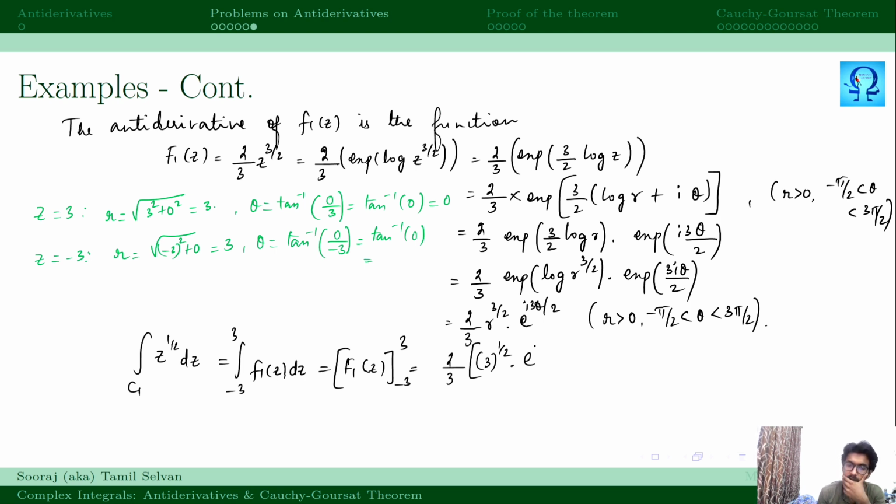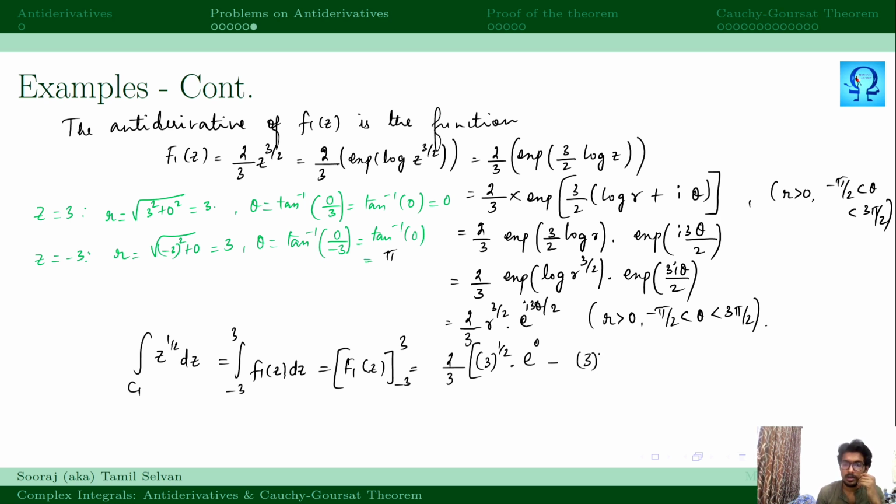So you'll get 0, so iota times 0 is 0, then minus, when you substitute this quantity, from minus pi by 2 to 3 pi by 2 you have pi in between, so this may be taken as pi.